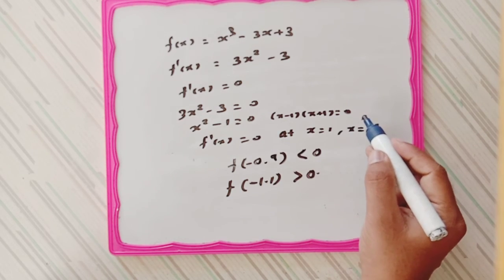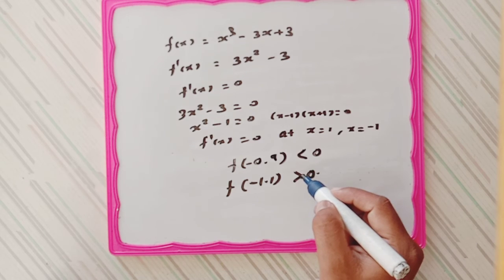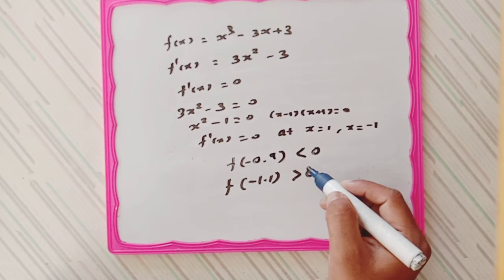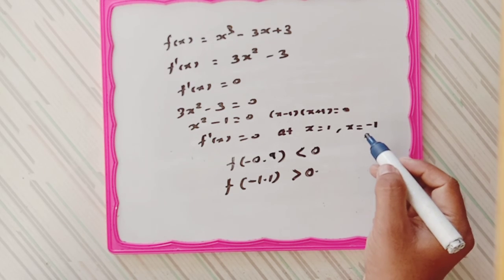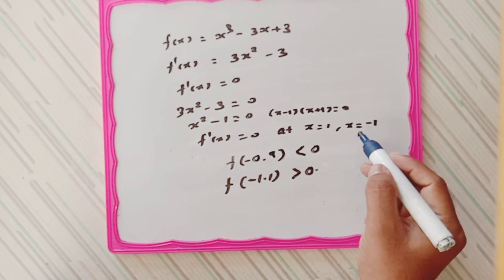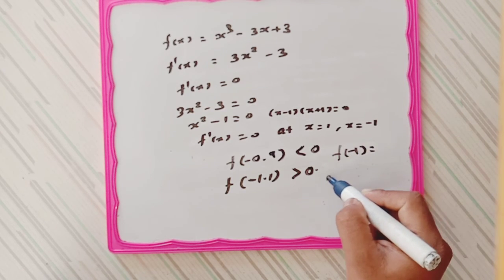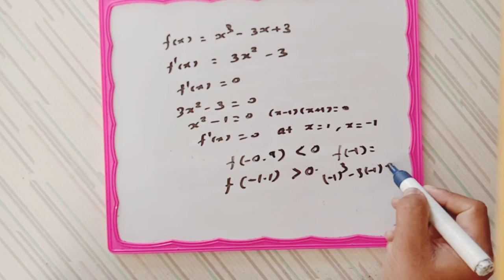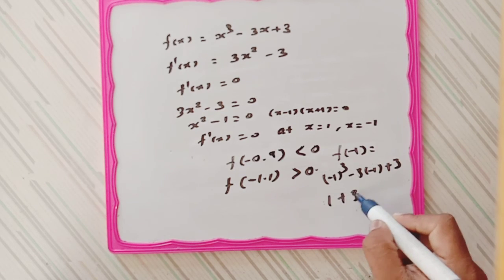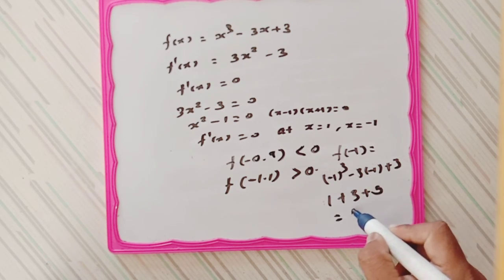And so on the left side it is greater than 0 and on the right side it is less than 0, and so we can say that x equals minus 1 is the local minimum value. x equals 1 is the local maximum value, and its local maximum value f(1) equals 1 cube minus 3 into 1 plus 3, and so it is 1 minus 3 plus 3, 1.